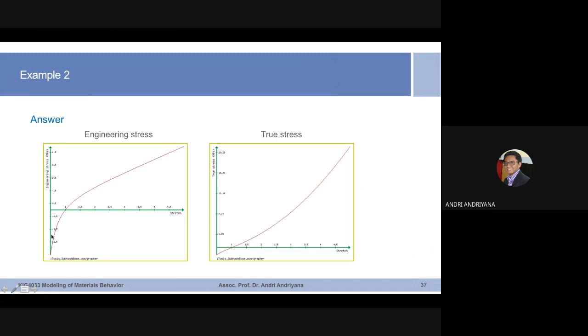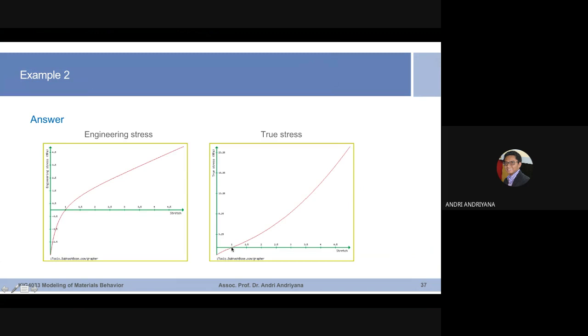So this is the curve for engineering stress. It is non-linear, apart from this region where it looks more linear, but in the beginning it is highly non-linear. How about true stress? It has a different curve. Again, this is for tensile conditions, and this is for compression.